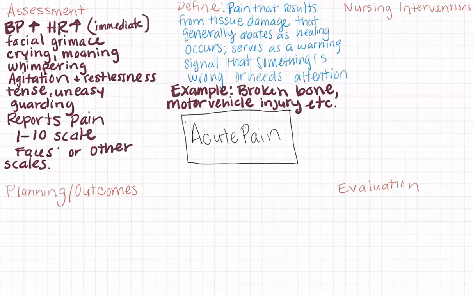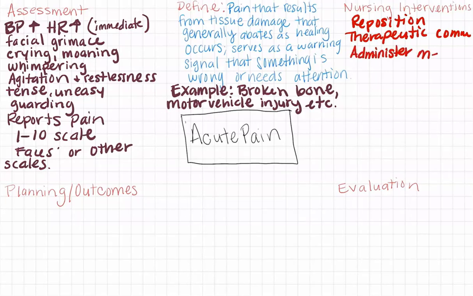You then want to have your nursing interventions. So think of those that you can do immediately, like repositioning, therapeutic communication, administering medication, using ice or heat, deep breathing exercises.